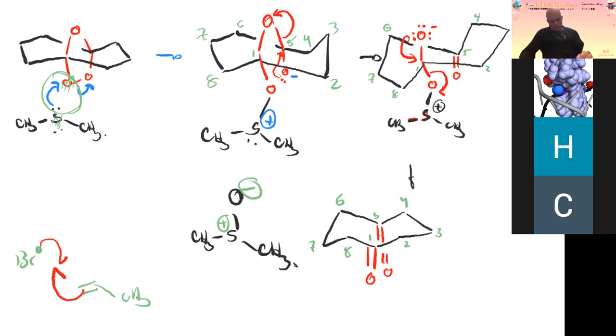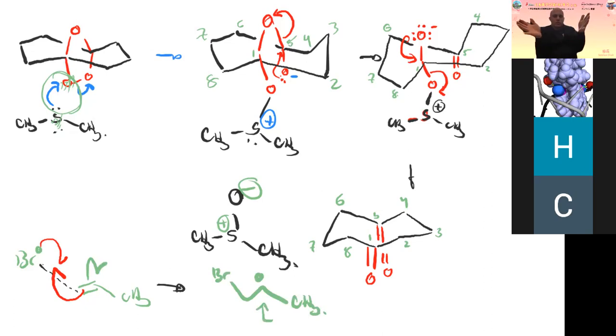I'm going to make a C-Br bond right there. I'm taking one electron from the pi bond to make the C-Br bond, and that leaves one behind. So I need to push that over, and then what you end up with is CH3. So this is the more substituted radical, which is more stable, arising from attack at the less substituted carbon.